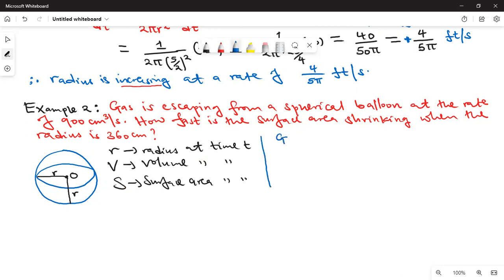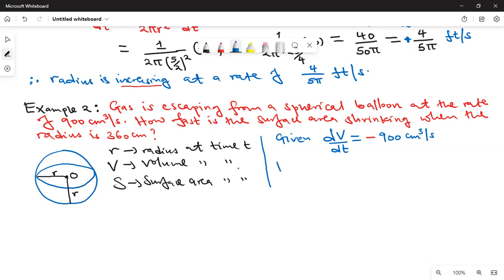Now what are we given? We are told gas is escaping from a spherical balloon at the rate of 900 centimeters cubed per second. That is the rate at which the volume is changing, dV dt, which is negative 900 centimeters cubed per second. How fast is the surface area shrinking?